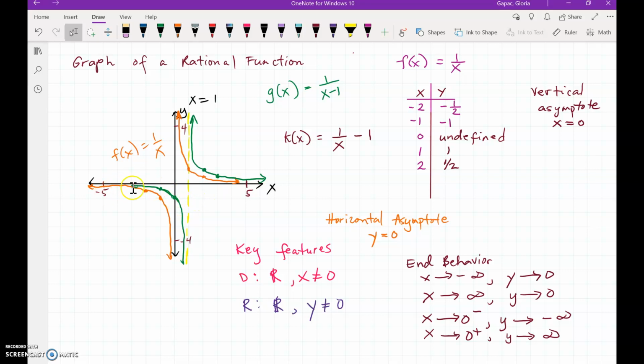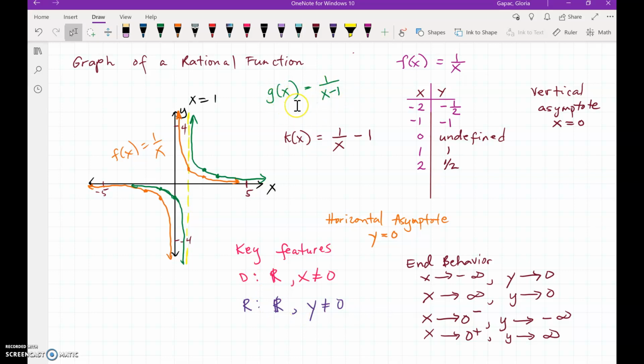And on this first g of x, you could see that we now have the y-intercept. Okay, so for the end behavior here, for this g of x, some of the features have changed because we don't have these key features anymore for the domain and range for this part.